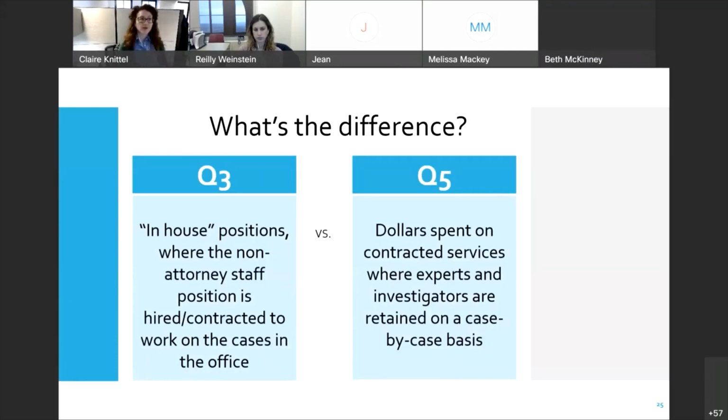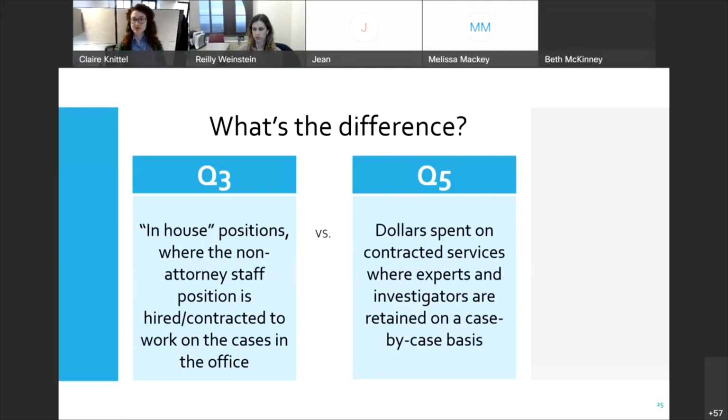This, if you remember, is referencing the positions where the investigator is going to work on maybe not every single case that comes through the office, but the expectation is all of the cases or most of the cases. They're considered part of the staff. They come into the office regularly. They are, as referenced here, an in-house kind of position.